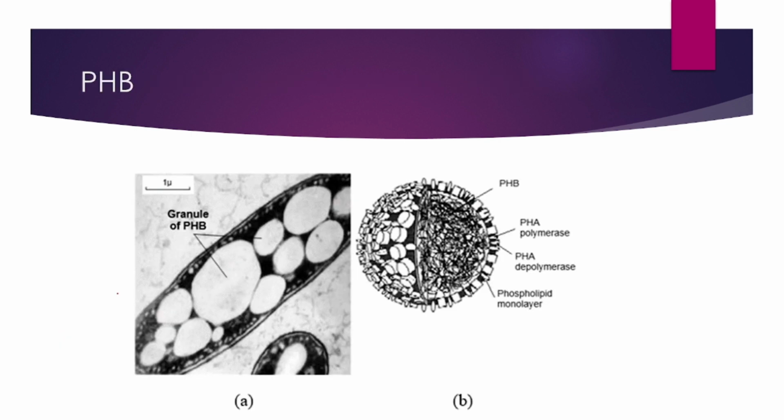Here I have shown an electron micrograph of how PHB granules look within E. coli cells when they are synthesized. These granules that you see are PHB granules which have been synthesized within the bacterial cell. So what you have to do is make recombinant E. coli cells. How do you make them?